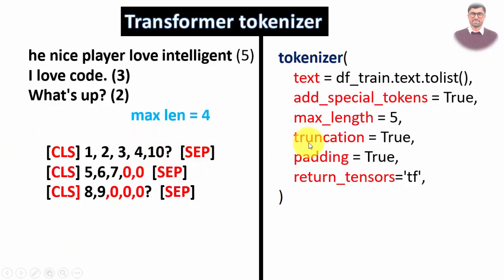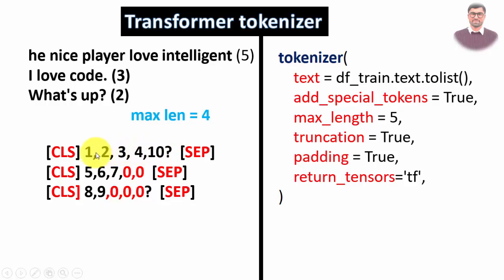Perfect. Now truncation is similar. Truncation does the opposite. If you have 2 words in one sentence, 3 words in the second sentence, and 5 words in the first sentence, it will truncate, reducing the last 3 words from the first sentence.